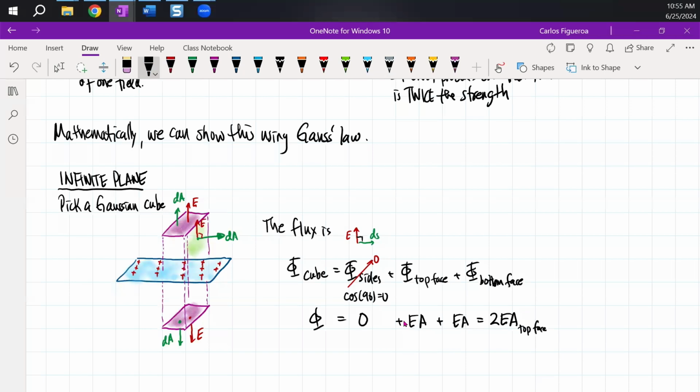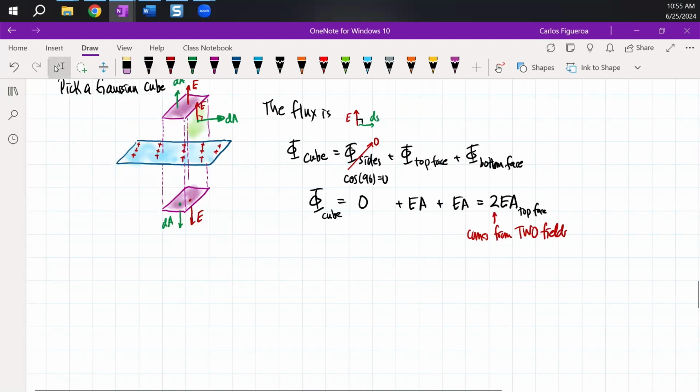So right away, you're seeing that the flux in this case, because I have two fields going up and down, comes from two fields, from the top and bottom.